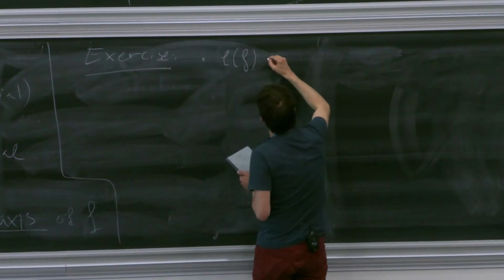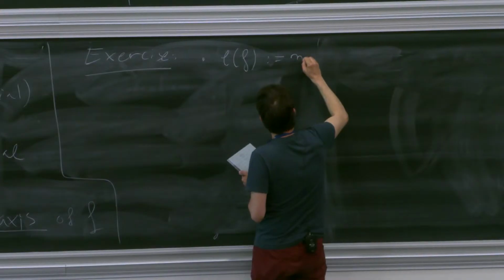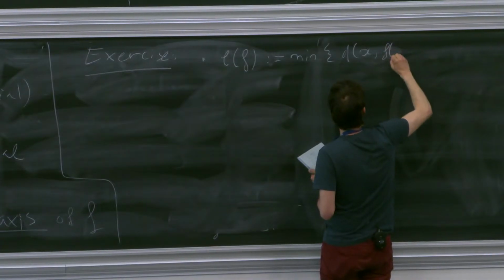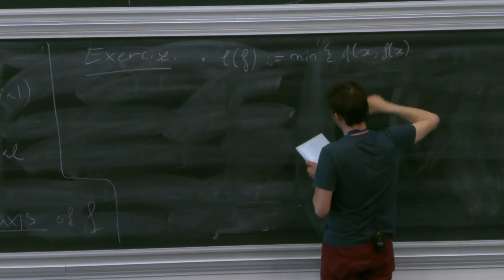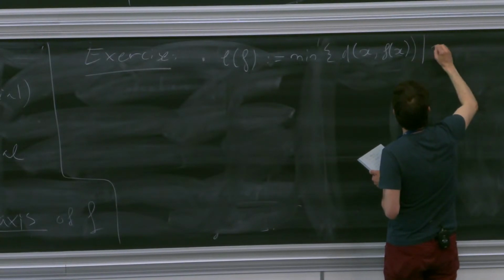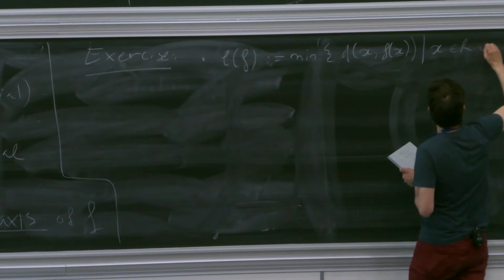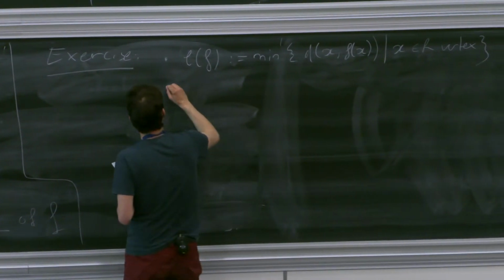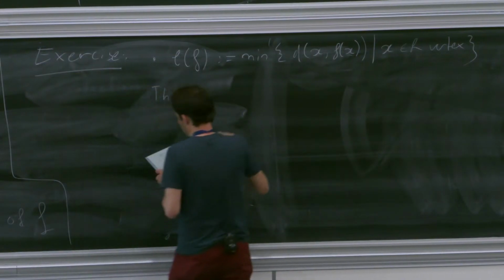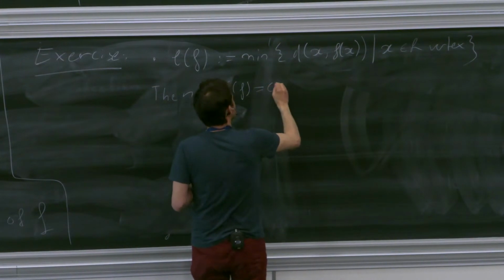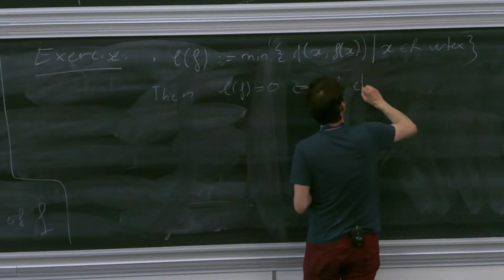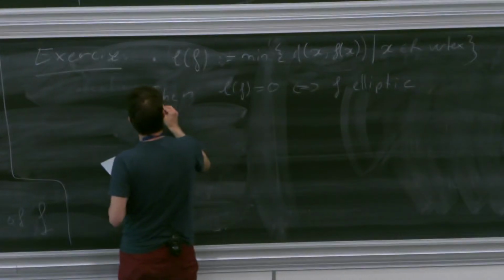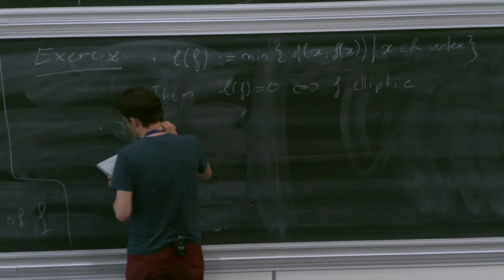If you define the length of f to be the minimum of all the distances between a vertex x and its image, so combinatorial distance, then we have that this length is 0 if and only if f is elliptic. This is straightforward.